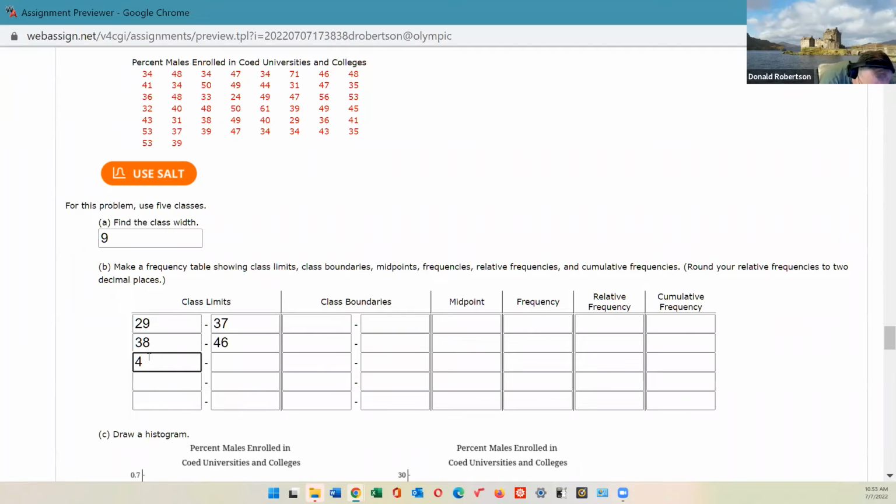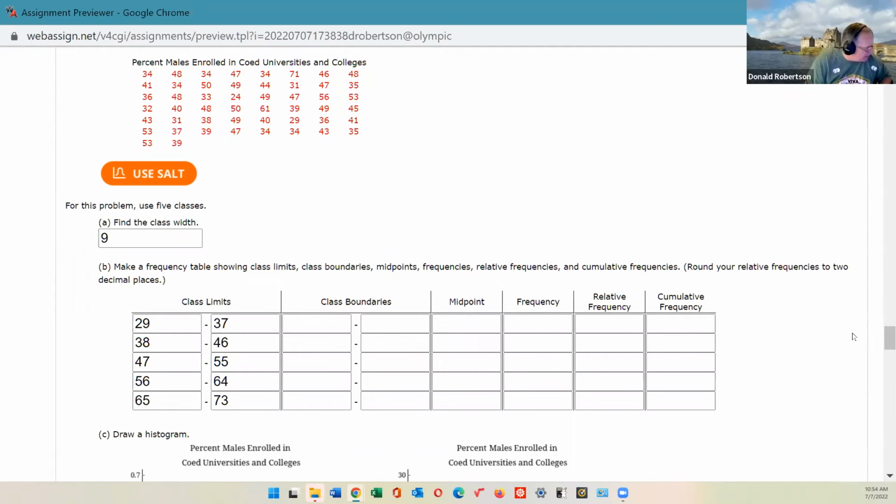So that one would be 47 to 55, that one would be 56 to 64, and finally finish with 65 to 73. Are you comfortable with those numbers? Now, does the last interval contain the biggest answer, which I believe is 71? Yes, it does. So that's a good sign we're on the right road.